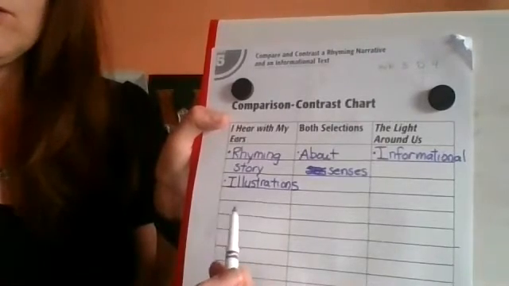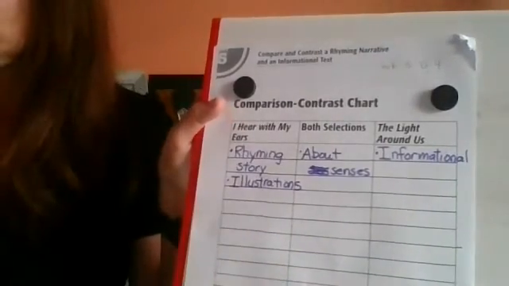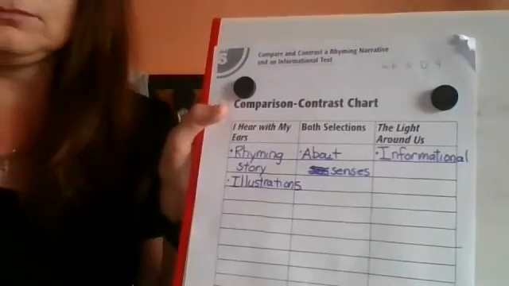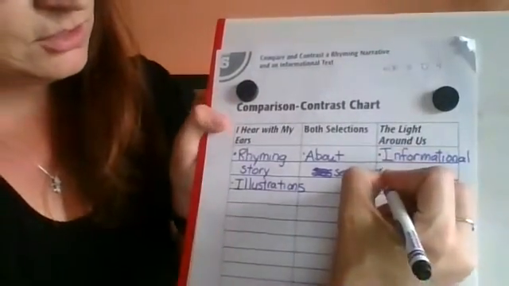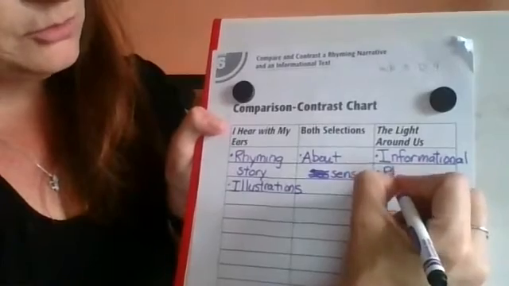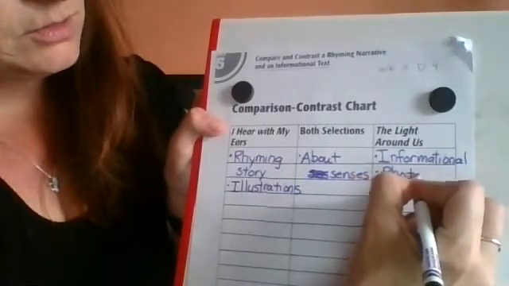And then what kind of pictures did The Light Around Us have? Photos, real pictures. So I'm going to put photos. That was an important difference between the two.